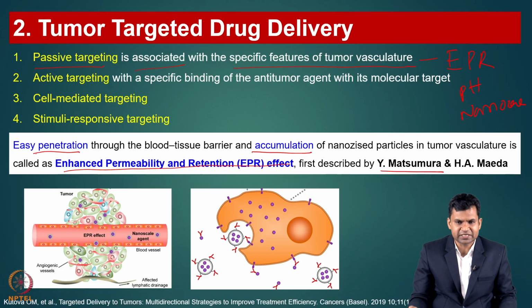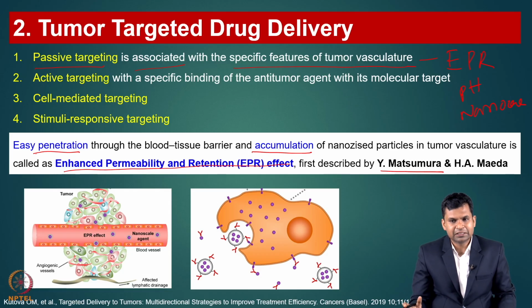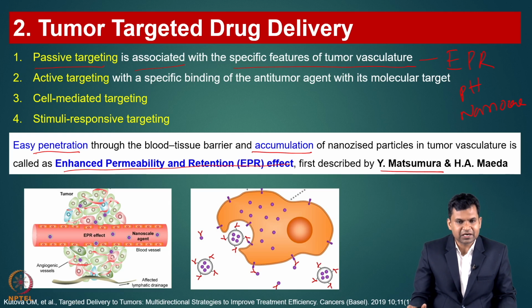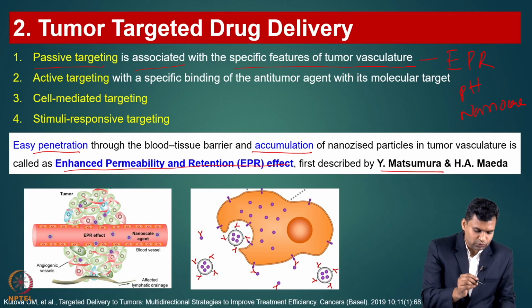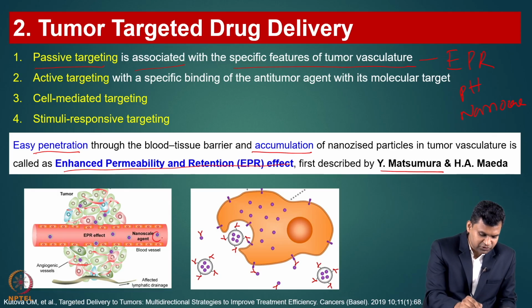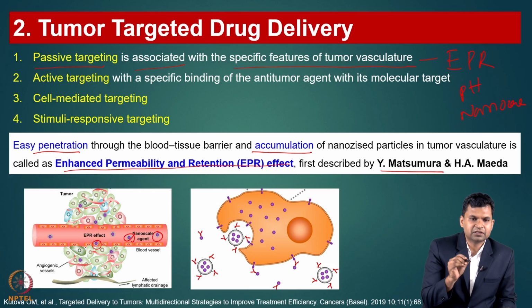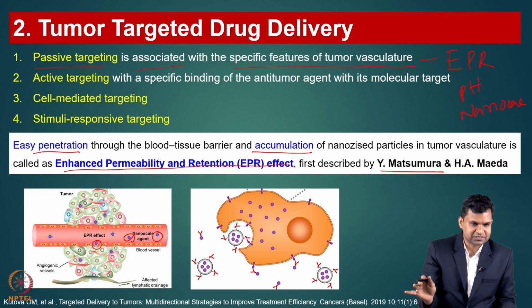These two scientists, Matsumura and Maeda, discovered the EPR effect which works in the cancer cells. The nanosystems will specifically be retained in the lymphatic leakage systems, and will be retained for a longer time compared with the normal cells.